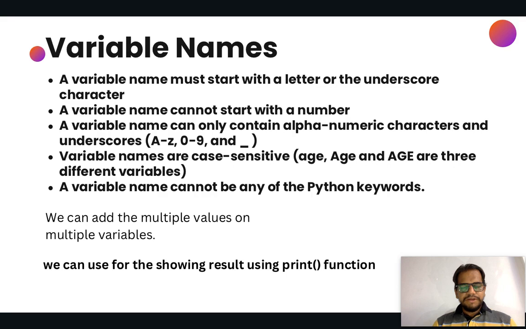We can show results using the print function. In PHP we use echo, in Java print, JavaScript is different. In the same way, in Python we use the print function to display variable values.